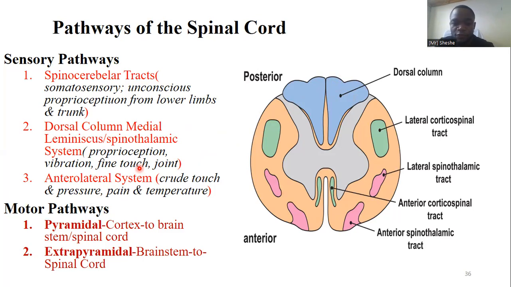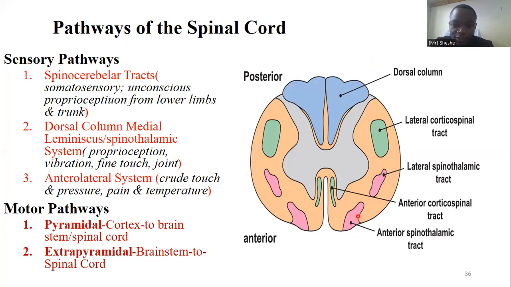The body will be able to feel that. That information is reaching the brain by the dorsomedial tract or the spinothalamic tract, and also from the joints for proprioception and balance.